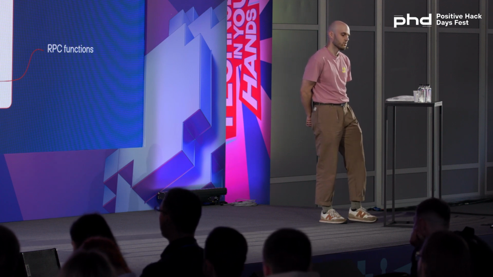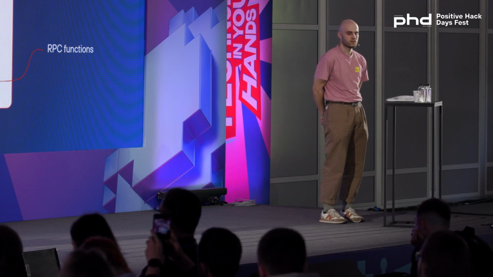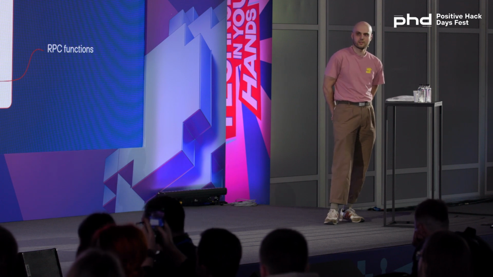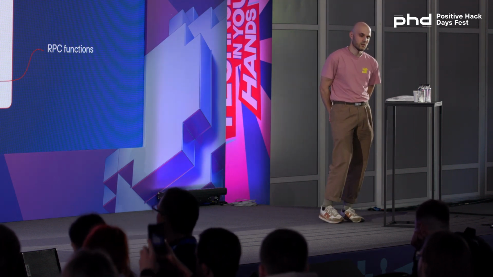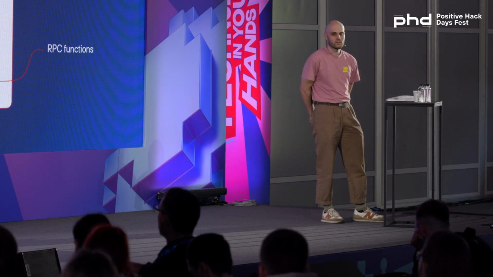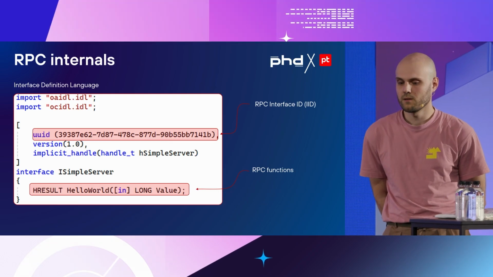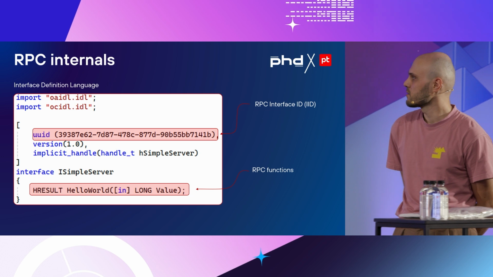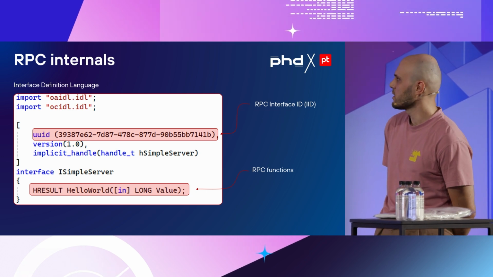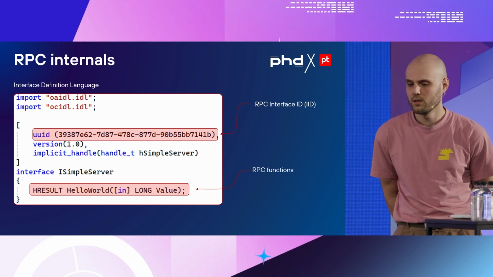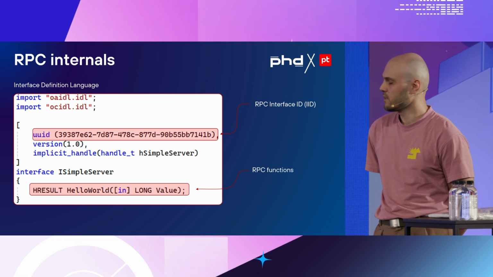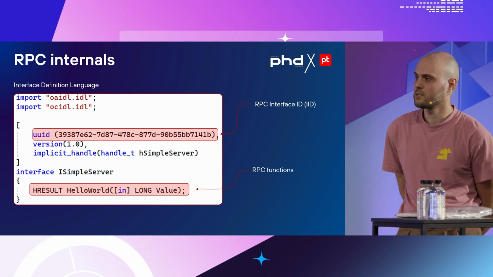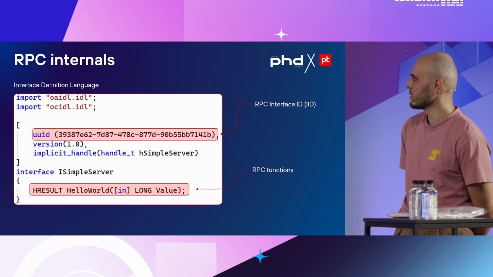So let's talk about the way those servers work. An RPC server has an interface that has a set of methods that you can call, and each server has one or many interfaces. It's described in a C-like language called IDL, Interface Definition Language, and it consists of the header and the body.